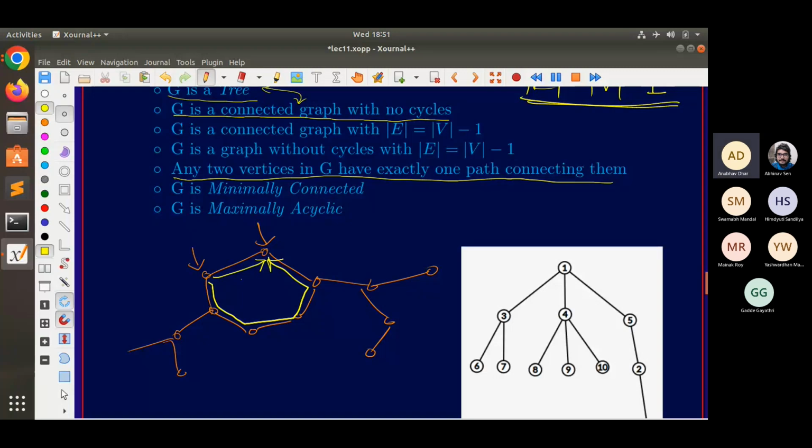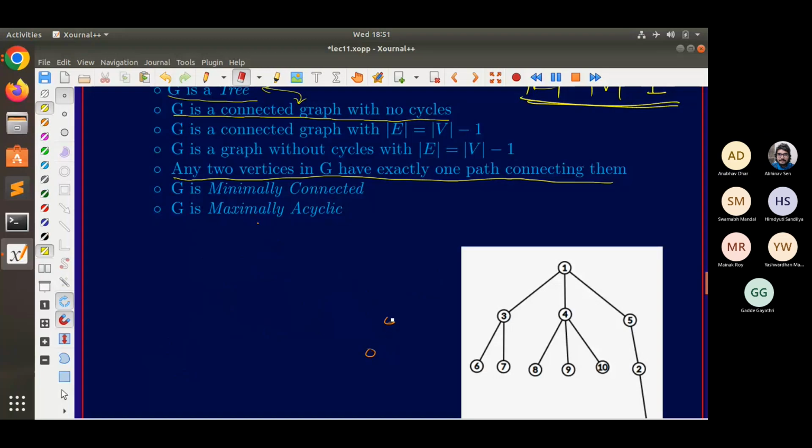So you have more than one path if a cycle is introduced in the graph. So this proof holds both ways. If you have two paths from U to V, one in this direction and another in this direction, then you form a cycle. This means that this statement is equivalent to this statement. Okay.